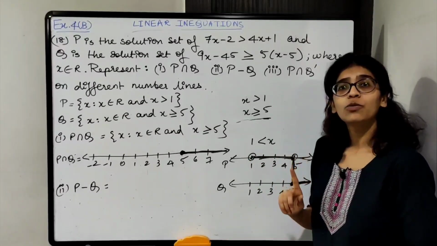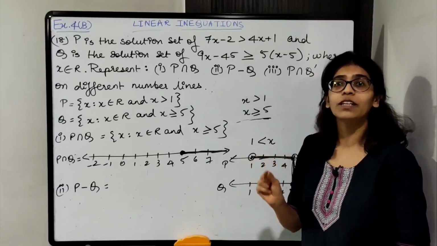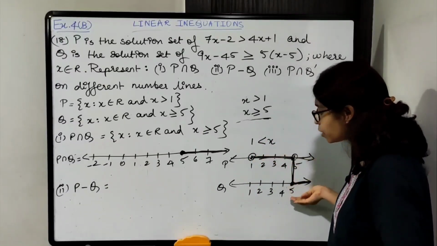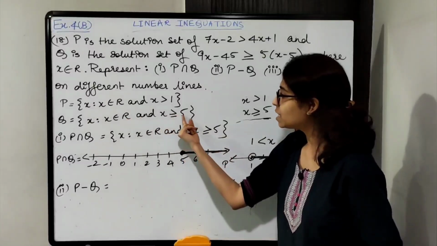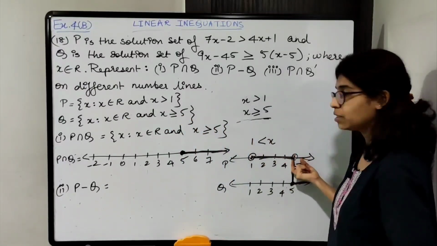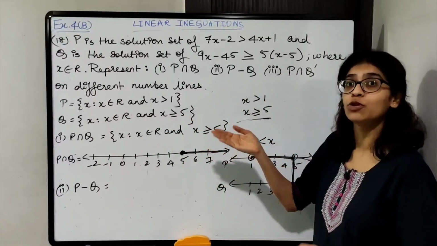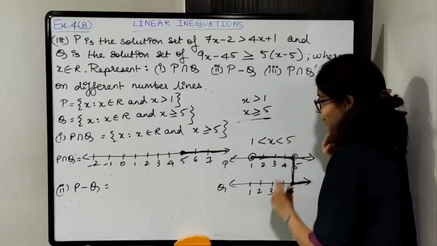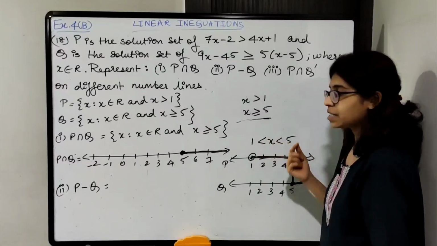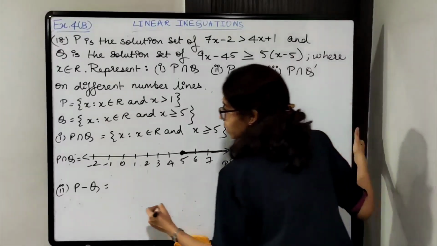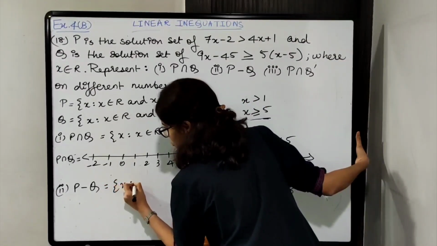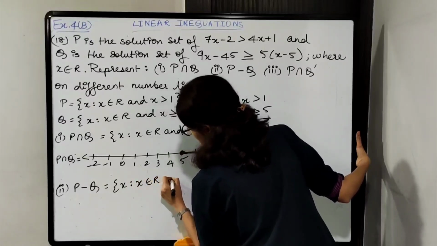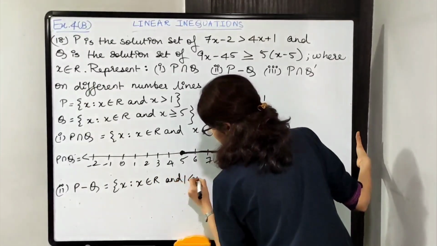Will 5 be included? No, it will not be included because it is included in Q. Q में it is equal to 5, so you cannot take this over here because you are taking P minus Q, Q का element subtract कर रहे हैं. So it will be less than 5, greater than 1 and less than 5. Okay, so write down the set x such that x belongs to R and x is greater than 1, less than 5.